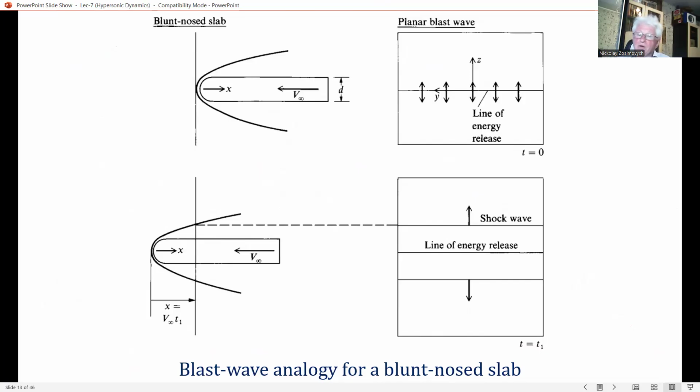As in our earlier discussion involving the unsteady piston problem, such blast wave solutions can be obtained from self-similar solutions involving ordinary differential equations.